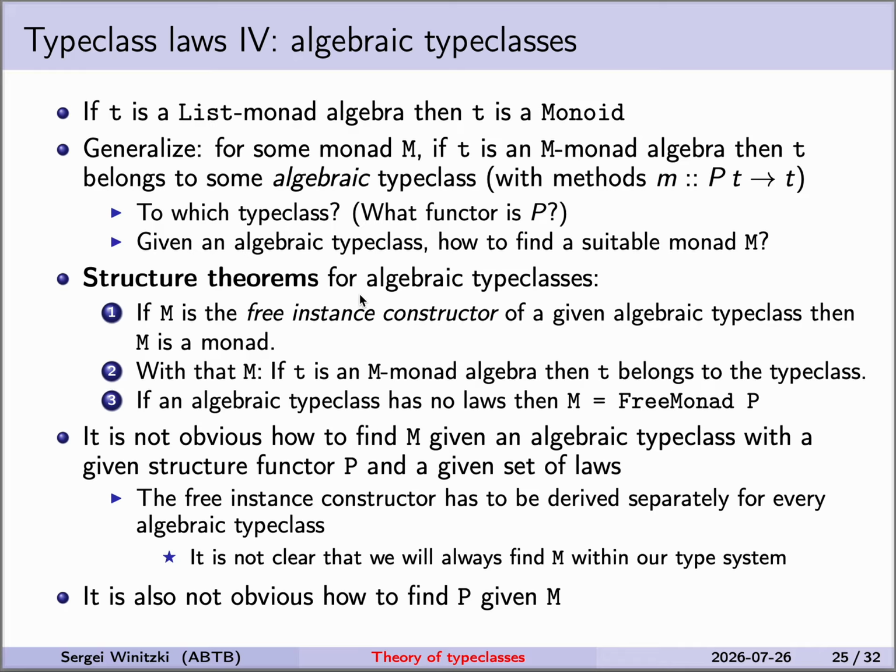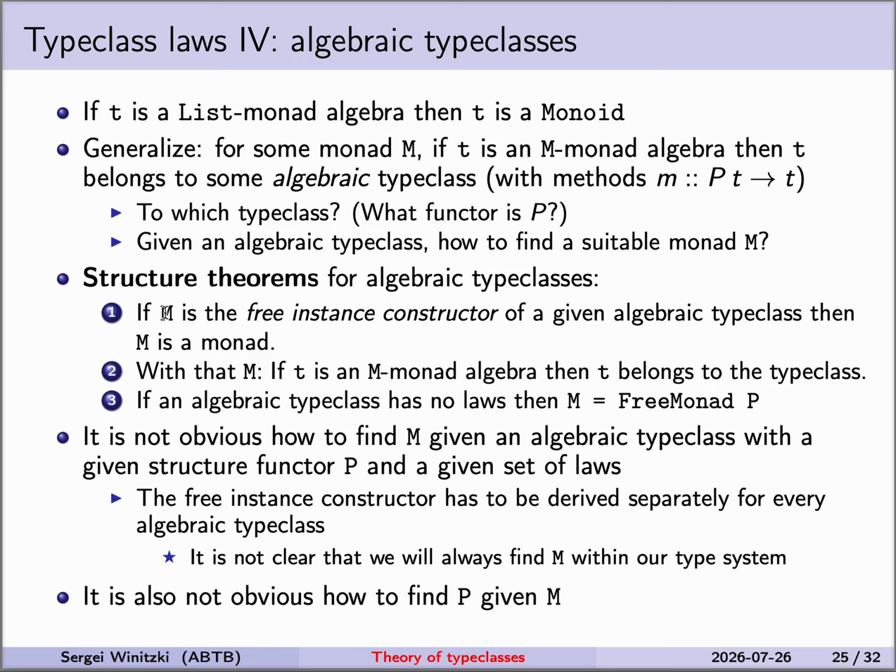The structure theorems say the following things. First of all, M is the free instance constructor of that type class. This is the deep result that is very much not obvious. We know that for monoid, the free monoid constructor is list. But it is not a coincidence that list monad algebras induce the monoid type class; this is a general fact.